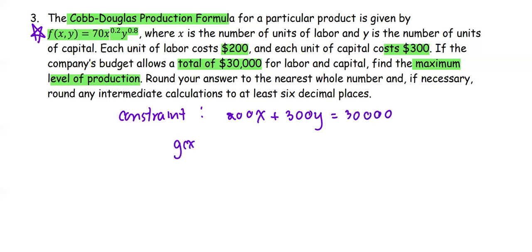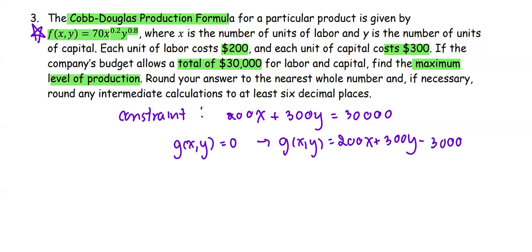Therefore, the constraint function in the form g(x, y) equals 0 is g(x, y) equals 200x plus 300y minus 30,000 equals 0.